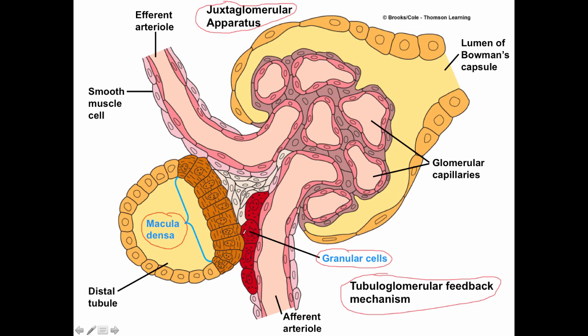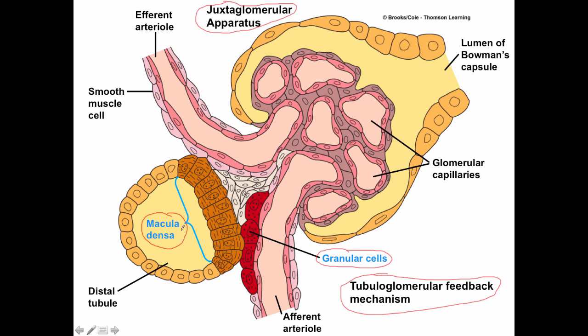So the way this tubuloglomerular feedback system works is that the macula densa cells are constantly sensing the rate of fluid flow through the distal tubule, because if GFR increases or decreases, the rate of fluid flow through the distal tubule will increase or decrease.